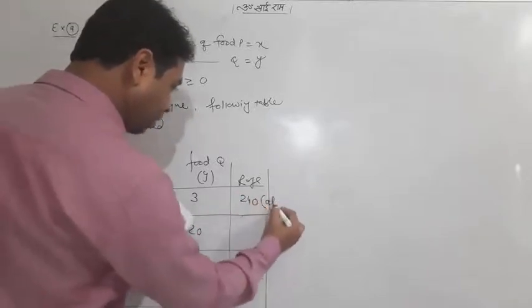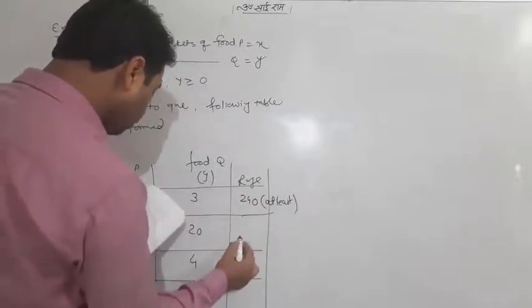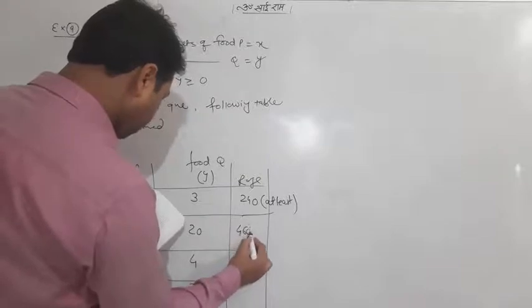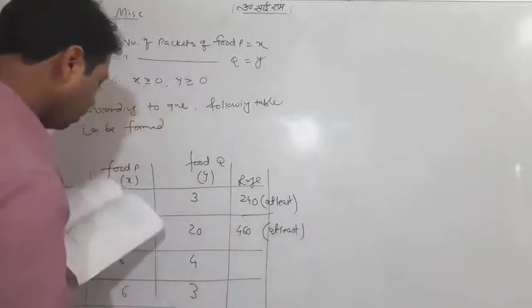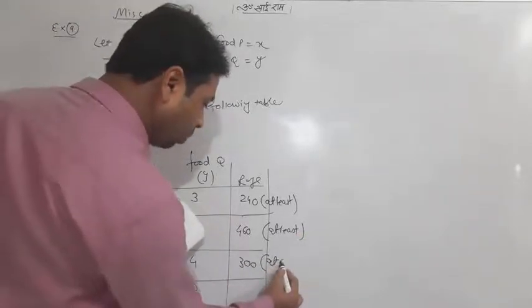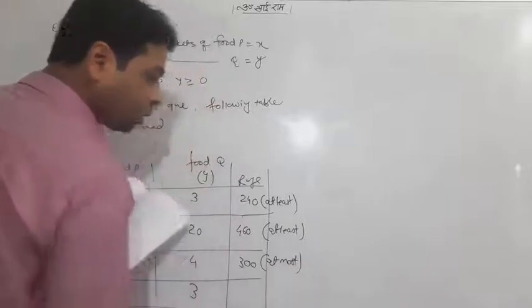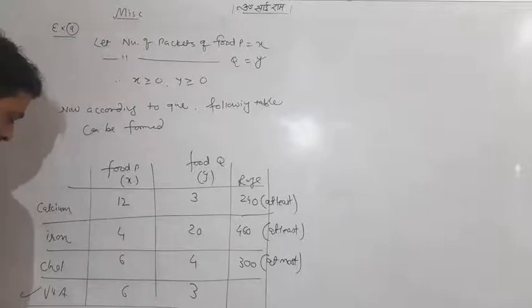Try to understand it. For iron it is again at least 460, and for cholesterol 300 at most. It is at most. This is a very important word. We can't underestimate it. And the last is not given, because it's vitamin A.